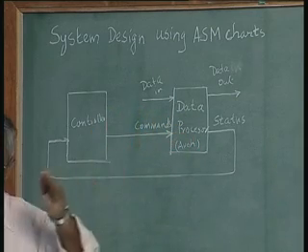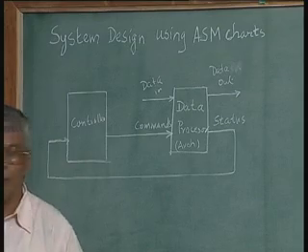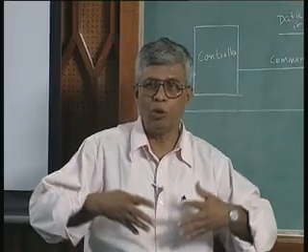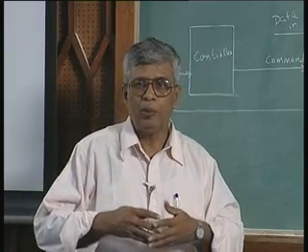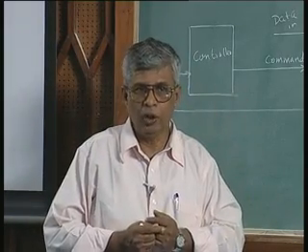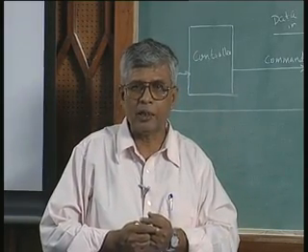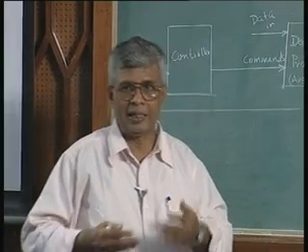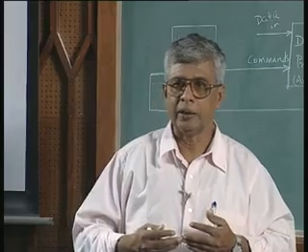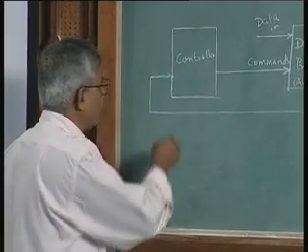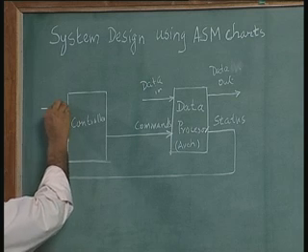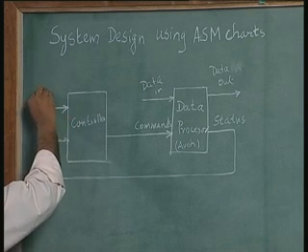So, these detailed sequences may come from the controller, but the overall start of the whole process may depend on some external activity. When do you want to carry out the multiplication in the entire algorithm? This will also have to come to the controller. These are also inputs, but these inputs are called external inputs.